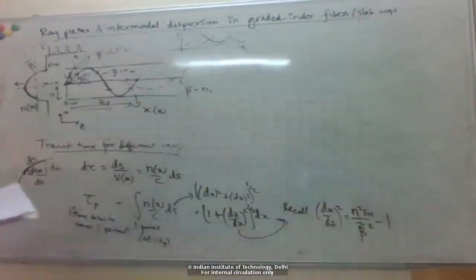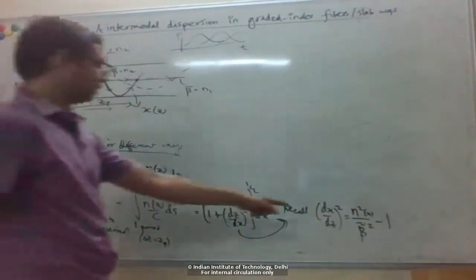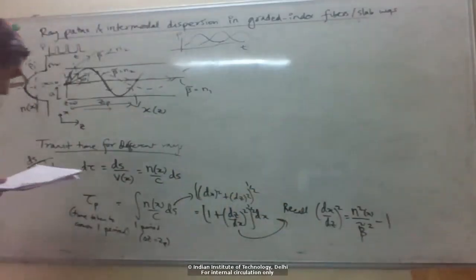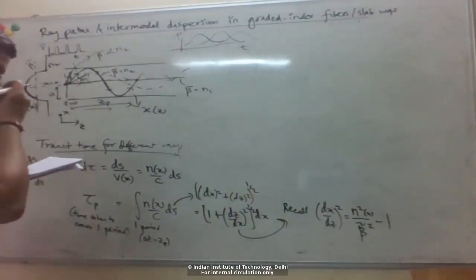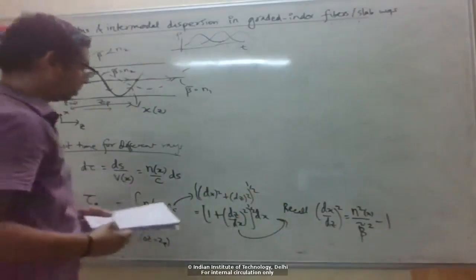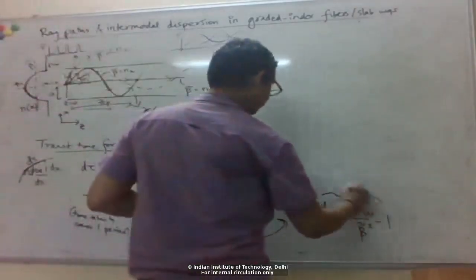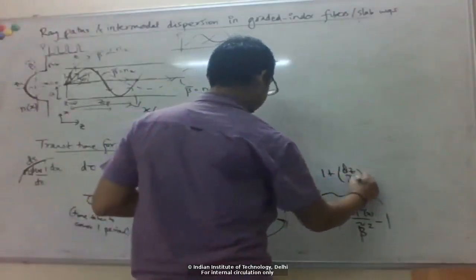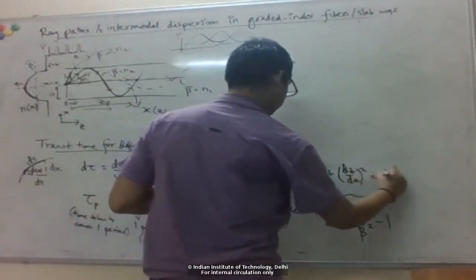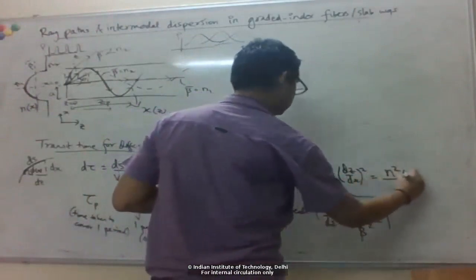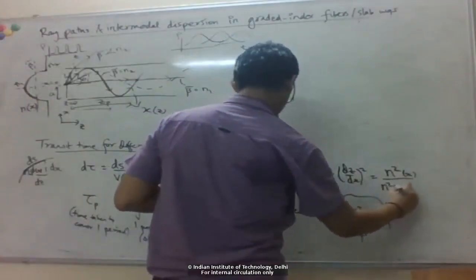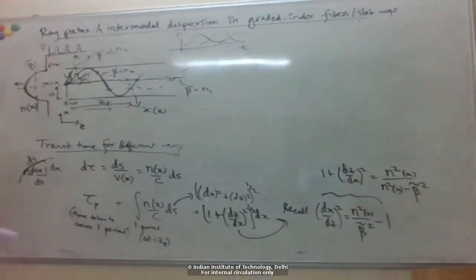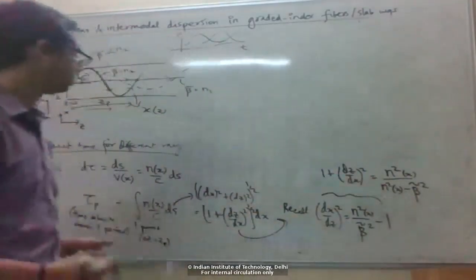We had this equation, so we can plug that in here. From here you can see that 1 plus dz by dx squared will be equal to that. So this we plug in here.